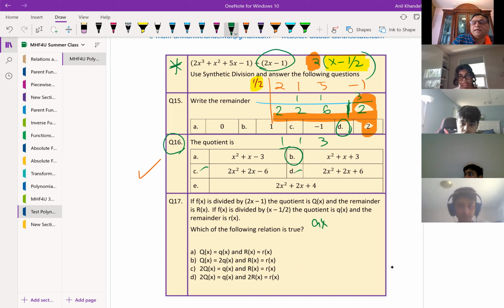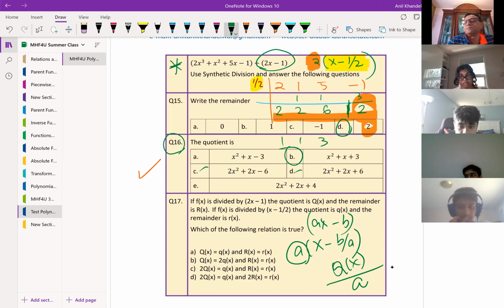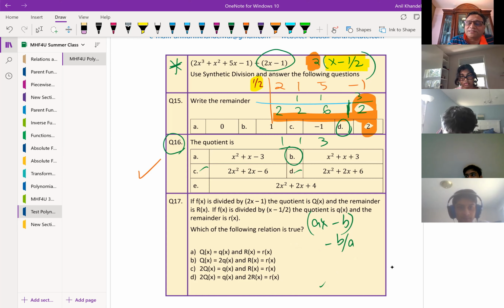Look here, ax minus b, you factored out a, you wrote this as x minus b by a, correct? So that means you did not divide by a, correct? You got a quotient. Let's say you got quotient qx. You have to divide that quotient by a to get the real quotient. Do you see that? Sir, so first we divide by b over a, and then once we get our final, then we divide again by a, right? Yes.